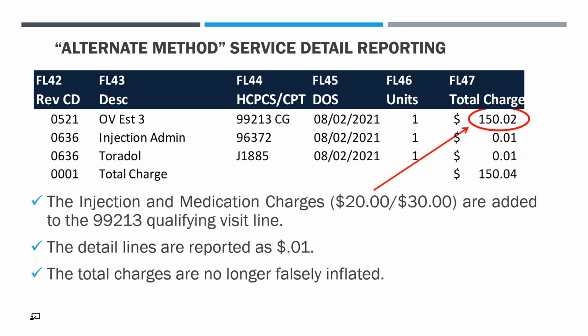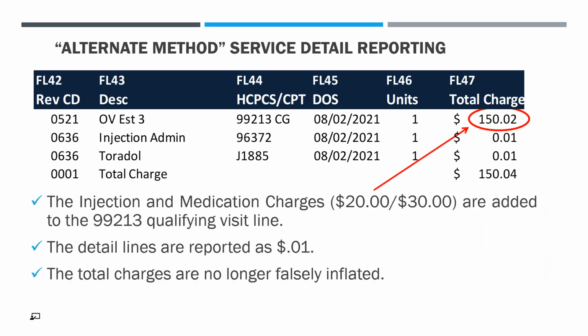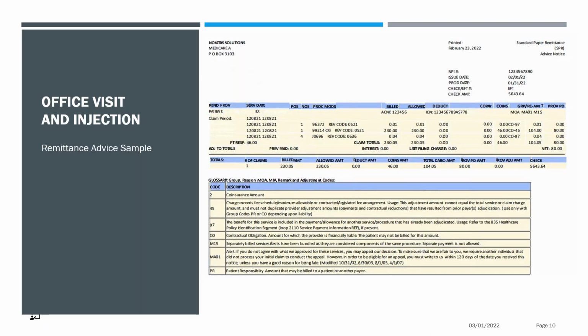It kind of unravels things down the road, where our alternate method is a lot of times much easier to automate. So incident 2 services, both of these are perfectly acceptable as long as we report detail lines greater than 0, and our CG modifier line contains our total charges to which coinsurance and deductible would apply. We're good to go.